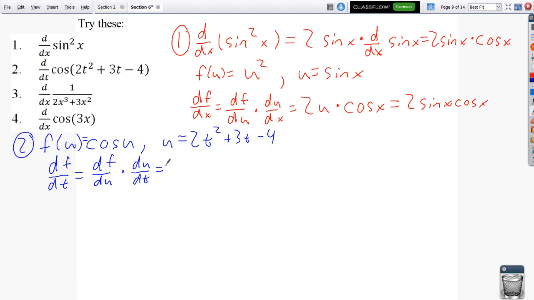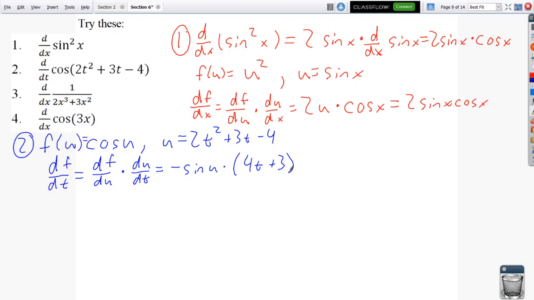If I look at these two functions, they're not difficult to differentiate. The derivative of f, cosine, gives me negative sine of u, times the derivative of u with respect to t. Just take the derivative throughout here: 4t plus 3.